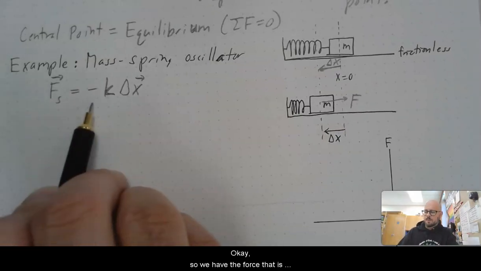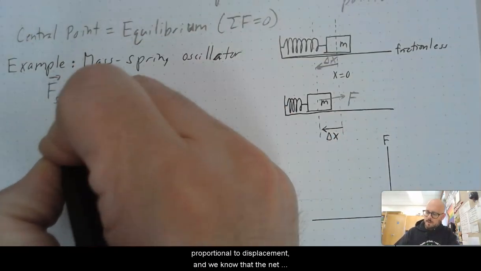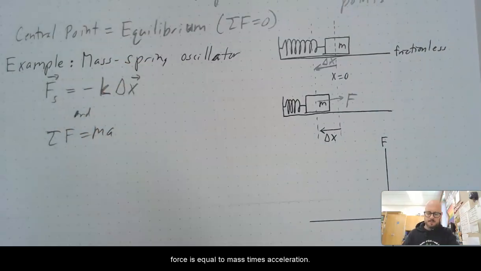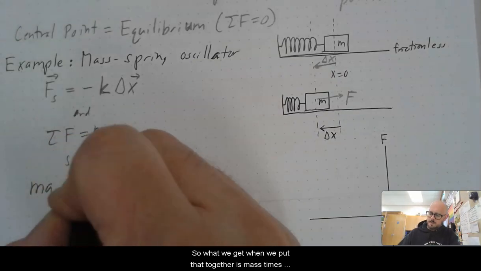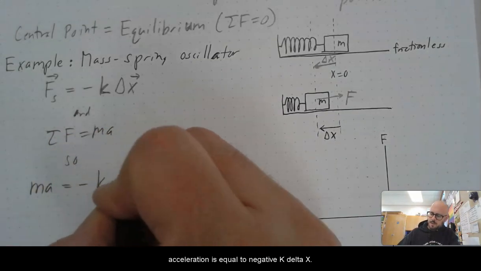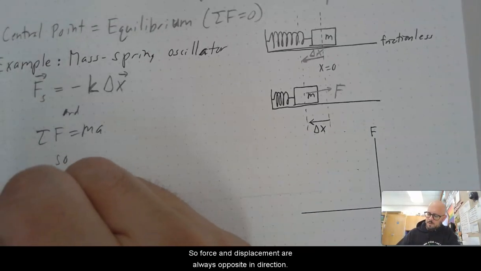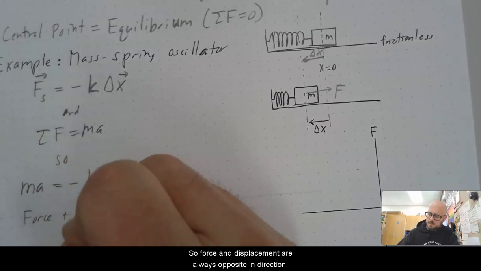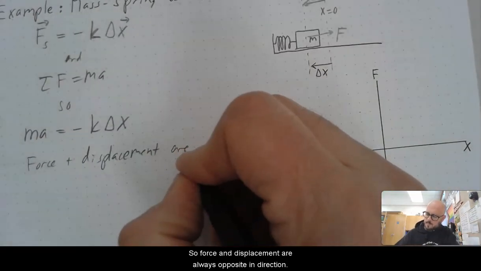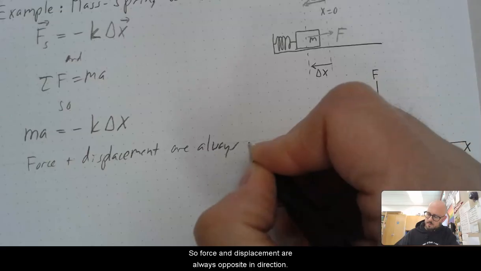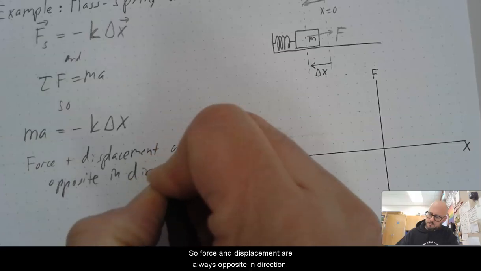Okay, so we have the force that is proportional to displacement, and we know that the net force is equal to mass times acceleration. So what we get when we put that together is mass times acceleration is equal to negative k delta x. So force and displacement are always opposite in direction.